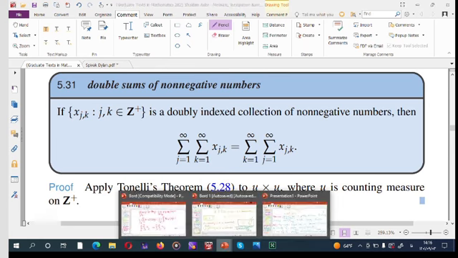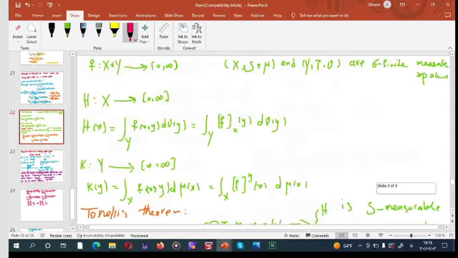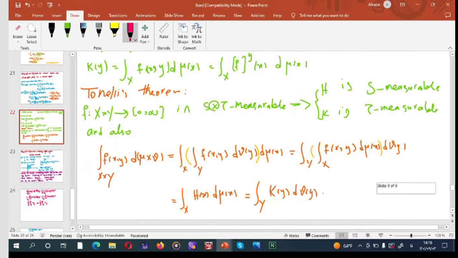Note that we have Tonelli's theorem for space X times Y. There we have X and Y equal to N, the natural numbers, or by the notation of the book Z plus, and mu and nu both equal to counting measure.